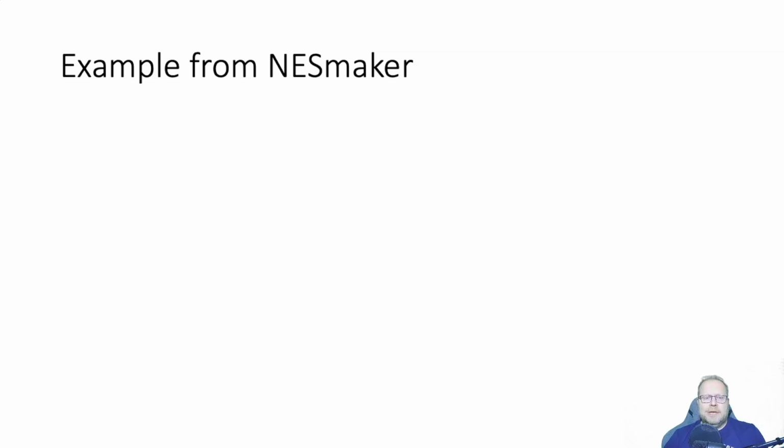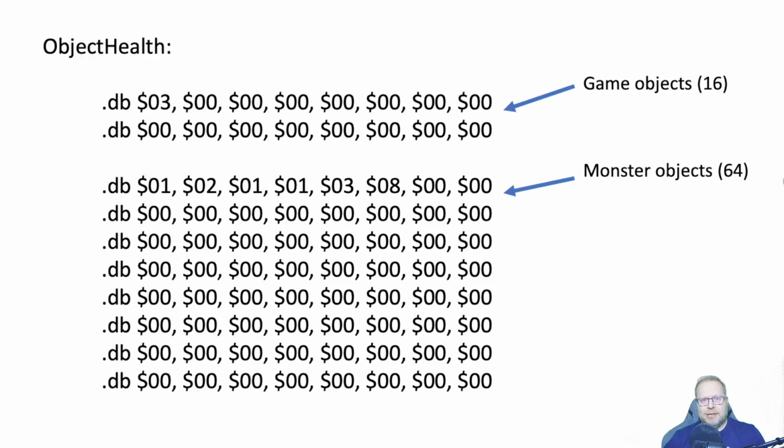Alright, so in NESmaker there's a table called object health. So again, we write them a few different ways. Here in NESmaker there's an open line between these numbers. It doesn't matter. The assembler doesn't care about this open line.